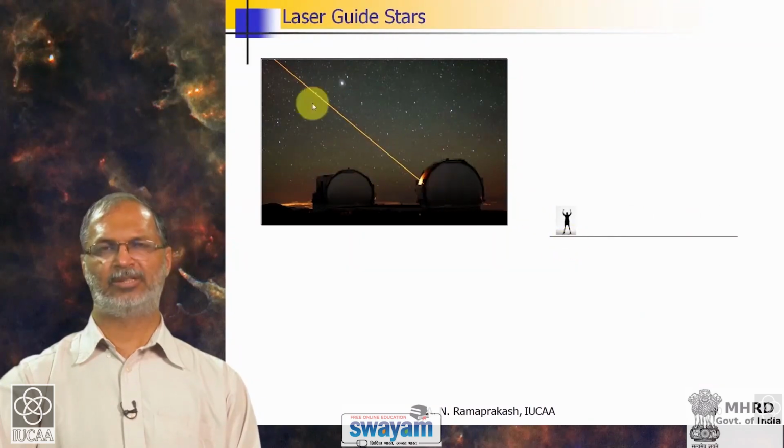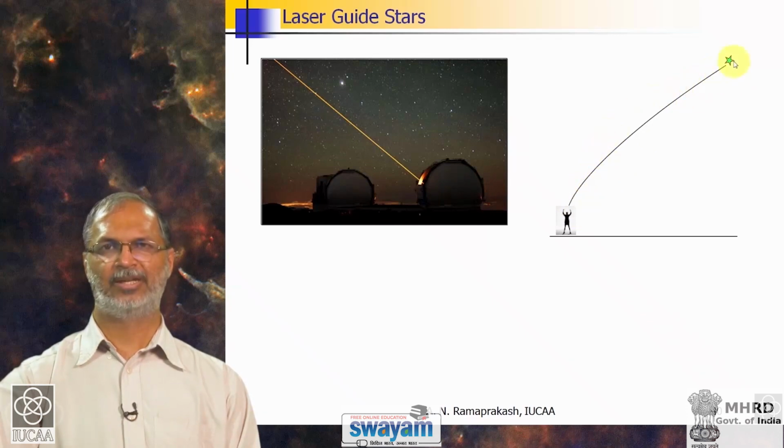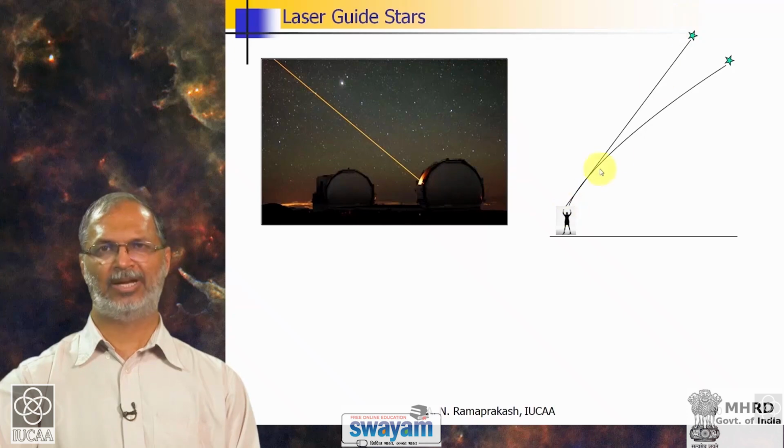One problem with this approach of using an artificial guide star is the following. Any light passing through the atmosphere, because the density of the atmosphere changes as a function of height, would bend. This is called the refraction of the light as it passes through the atmosphere. Now, if you shoot a laser from the telescope, it will travel through the atmosphere in a curved path and come back through the same path, which means you are not able to measure the overall tip tilt, the overall angular deviation of the laser location.